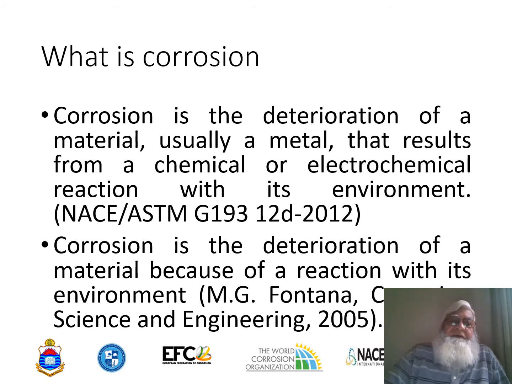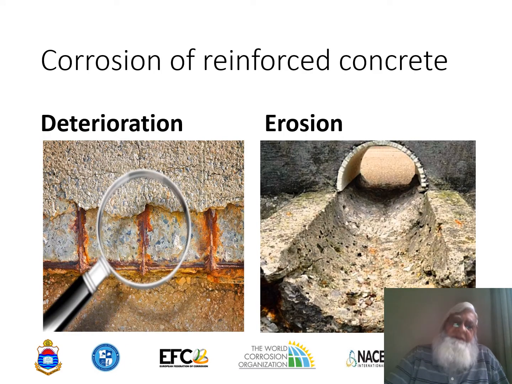This definition is given by NACE. The second definition, which is practical from an engineering point of view, is given by Fontana and Greene: corrosion is the deterioration of material because of reaction with its environment. From this, you can understand that corrosion is not as simple as it spells out.